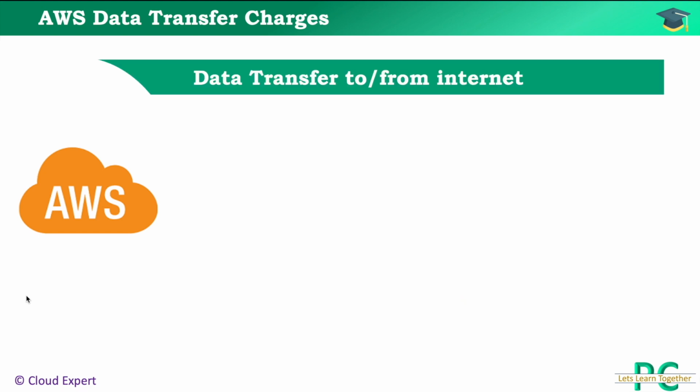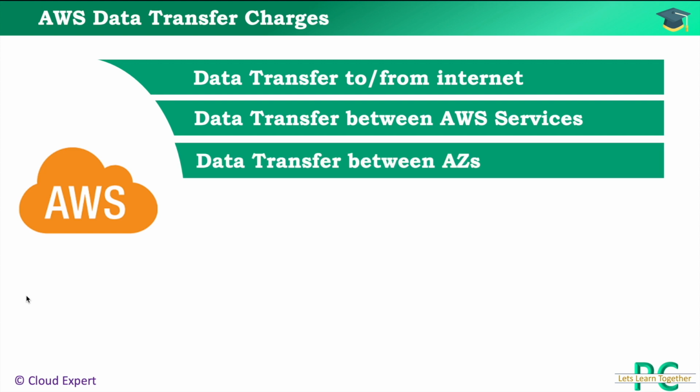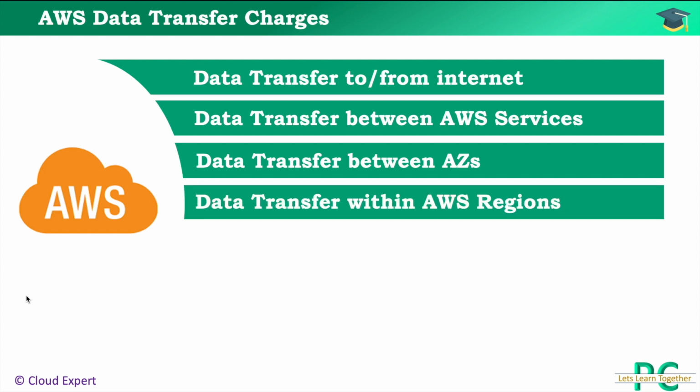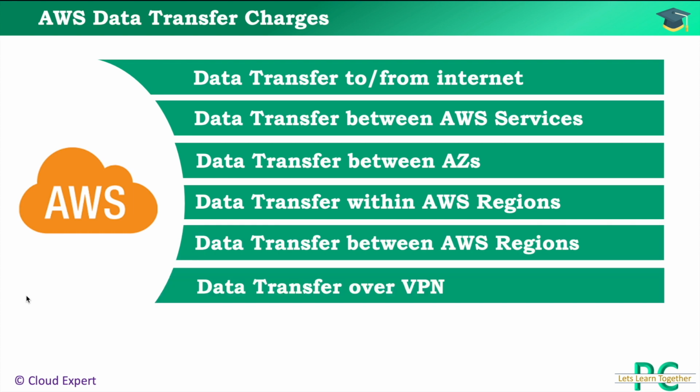Now let's review the high level topics for today's session. We will start with data transfer to or from the internet. Then we'll review data transfer between AWS services, followed by data transfer between different availability zones, then data transfer within AWS regions, then data transfer between AWS regions, and then if you have a hybrid use case where you are using on-premise data centers and AWS Cloud simultaneously, what is the data transfer if you are using a VPN solution?